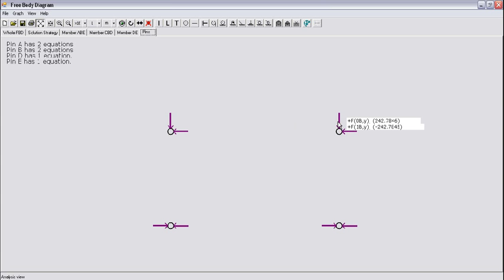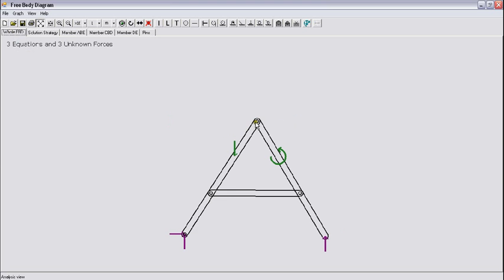They have the same magnitude but opposite directions, consistent with Newton's third law. So effectively it means that at a pin, when two members are joined, the equilibrium equation for that pin is just a statement of Newton's third law, that is, action equals opposite reaction.